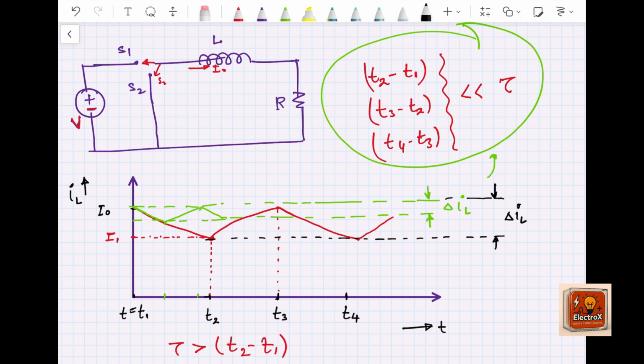As the time intervals decrease and become very small compared to the time constant tau, the inductor current ripple will fall further.